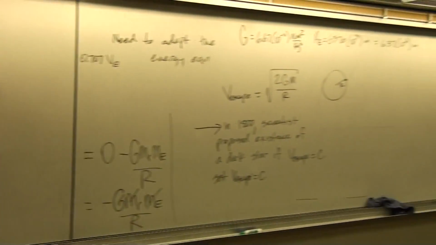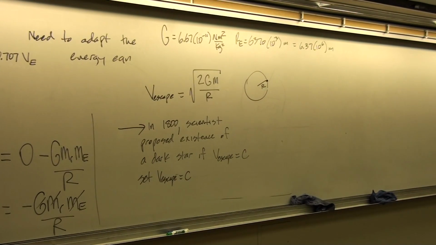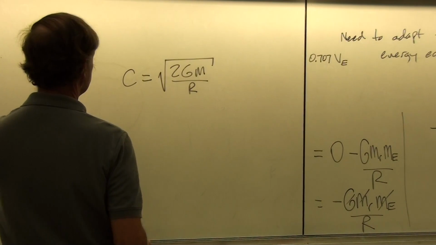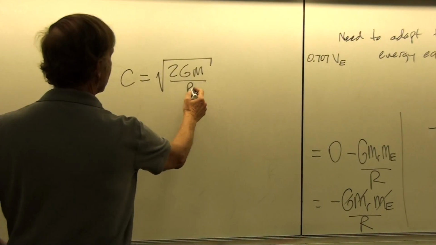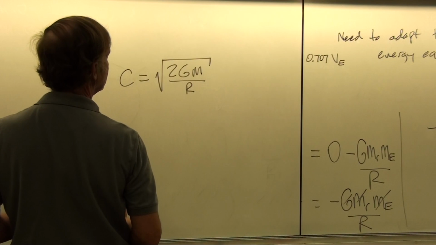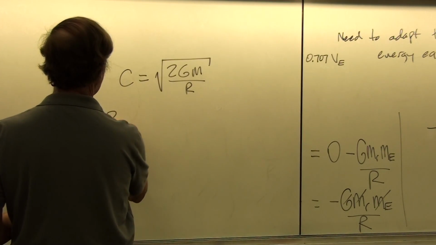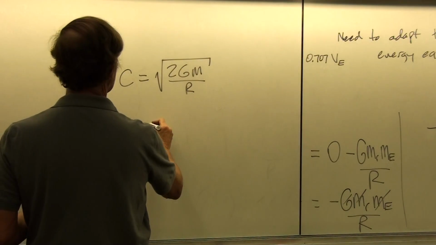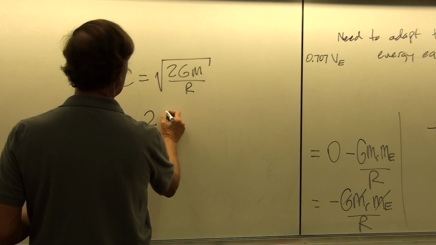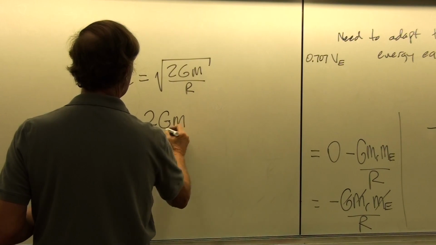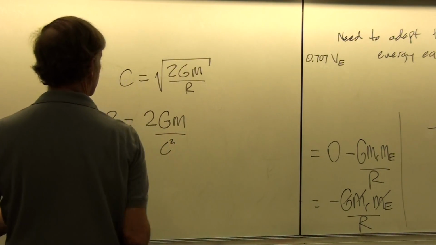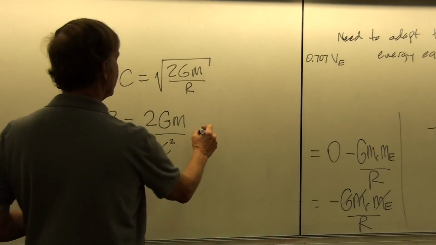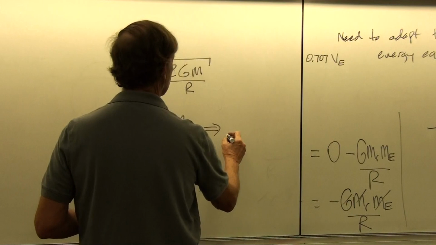That's the square root of 2G times the mass of that central object divided by the radius. And then if you solve this for the radius r, by squaring both sides of this equation, r is equal to 2GM over c squared. And so what we know now is that this is the expression for the radius of a black hole.